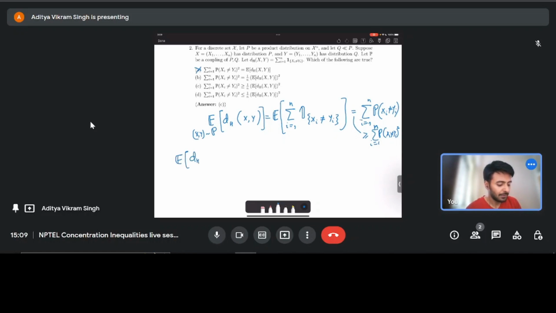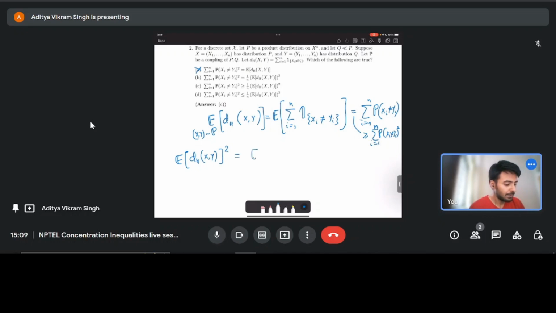So we have the expected Hamming distance, the whole square. Instead of writing this whole square, I just write square like this. So what would that be?